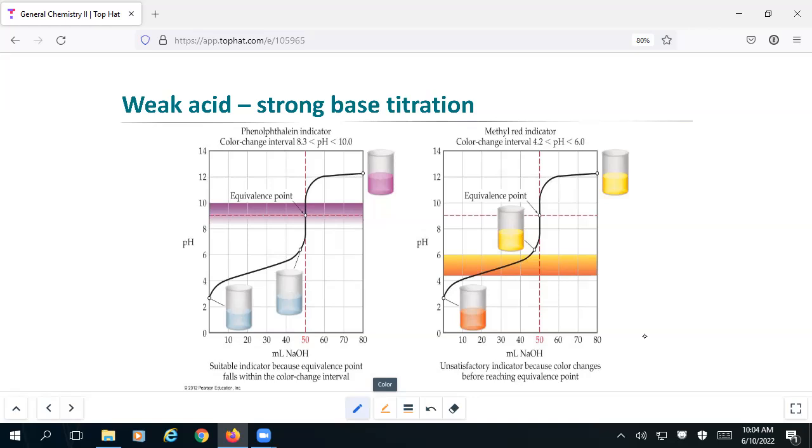By contrast, methyl red changes colors between 4.2 and 6, which means that it'll have already changed color and we won't even be at the equivalence point yet. So that's not a good indicator choice for us.